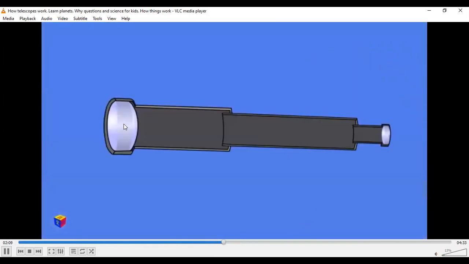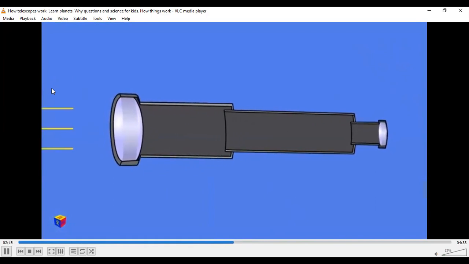Now this is your objective lens, and this is your eyepiece lens. The objective is towards the object. The parallel rays are coming from the distant stars.